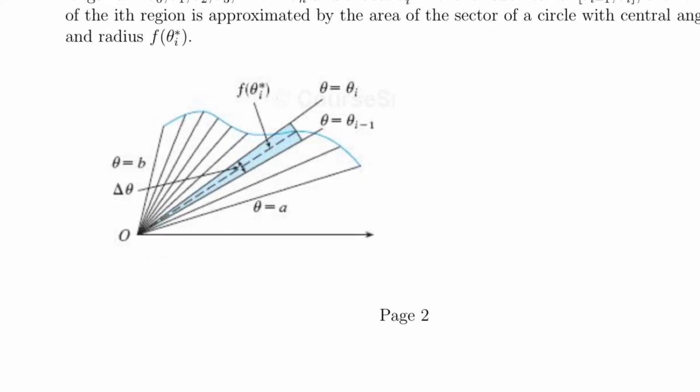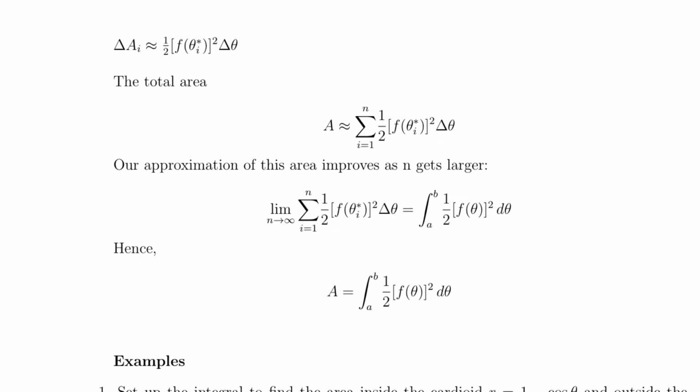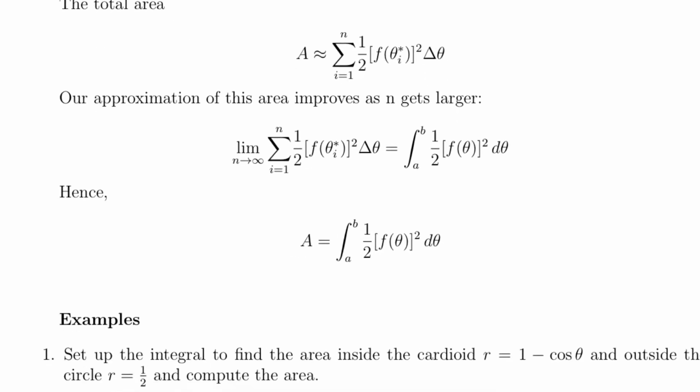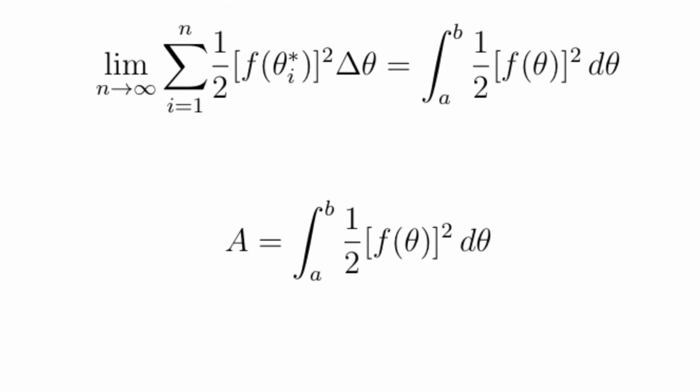Then the width of each sector shrinks, we add them all up, and you should see these Riemann sums coming into play. You get this formula right here, and I'm going to alter it just ever so slightly.